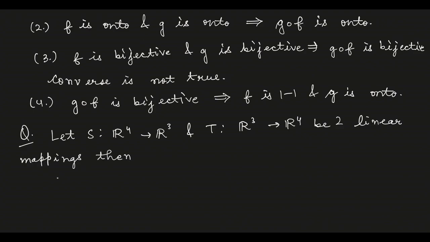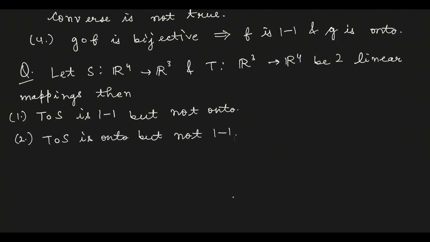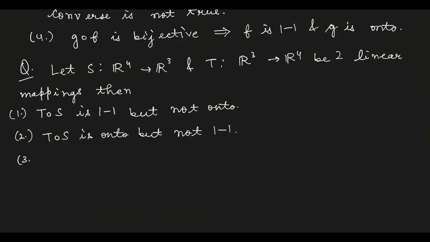Then first, T composition S is 1 1 but not onto. Second, T composition S is onto but not 1 1. Third, T composition S is 1 1 and onto both.